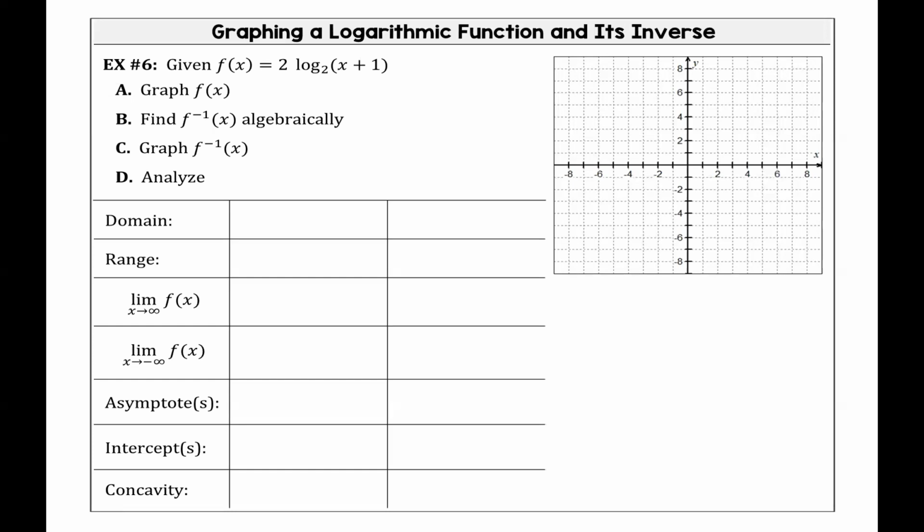Does that make sense? I'm going to mark out my parent function points so you can see where we're at. For the parent function log base 2, we have (1, 0), (2, 1), (4, 2), and (8, 3). We're going to apply these transformations to these 4 points.